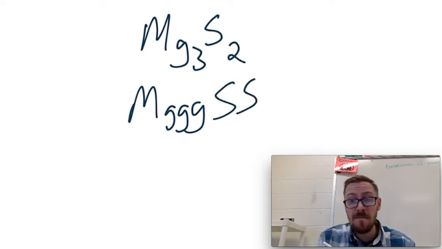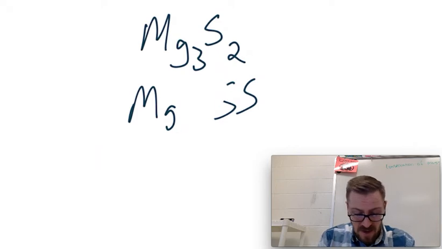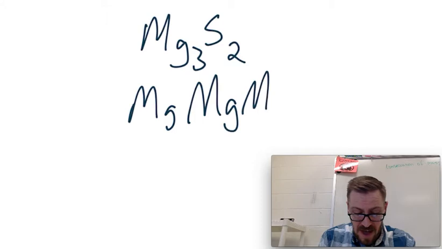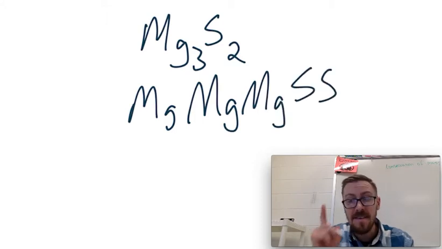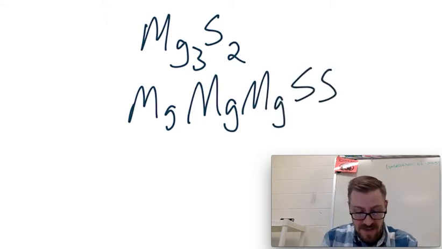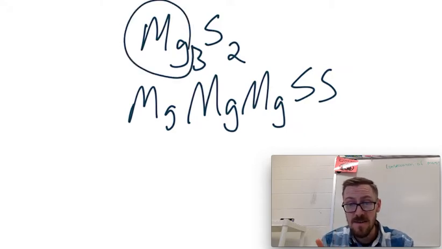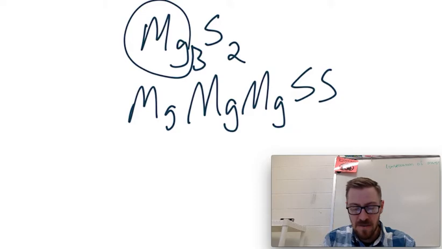Wrong, false, bad, ooh, gross, no. It's MgMgMgSS. That is your diagram, because this 3 goes with the whole element, which is Mg, not G. So that's the first rule. Your subscript goes with the element in front of it.